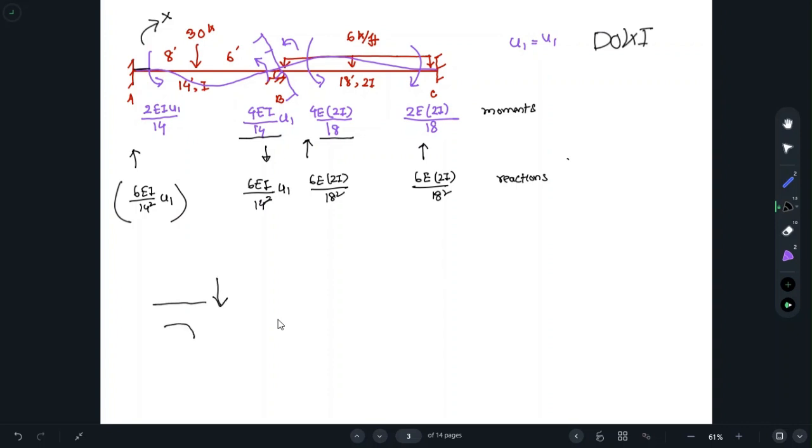It will deflect this way, but here due to fixed joints it will remain this way up to a little distance, because it can produce an anti-clockwise moment which vanishes these moments, so equalizes these moments.